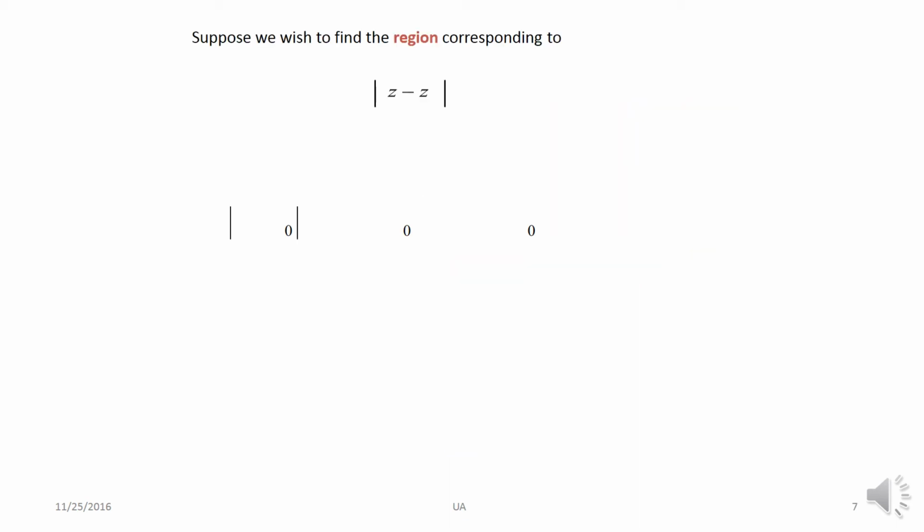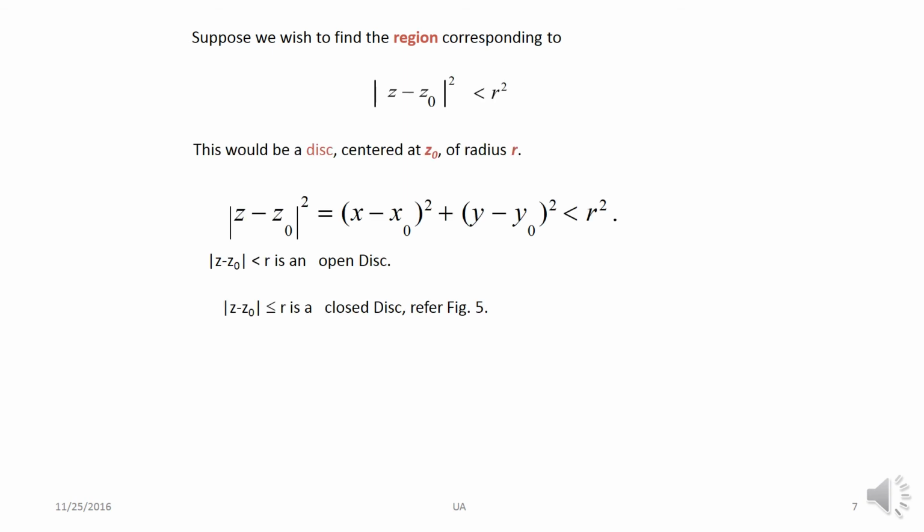Now let's see the meaning of mod z minus z0 square. Earlier we had seen mod z square, in which case the center was 0 0, but here the center is x0 y0, which is equal to z0, where z0 is x0 plus iy0.